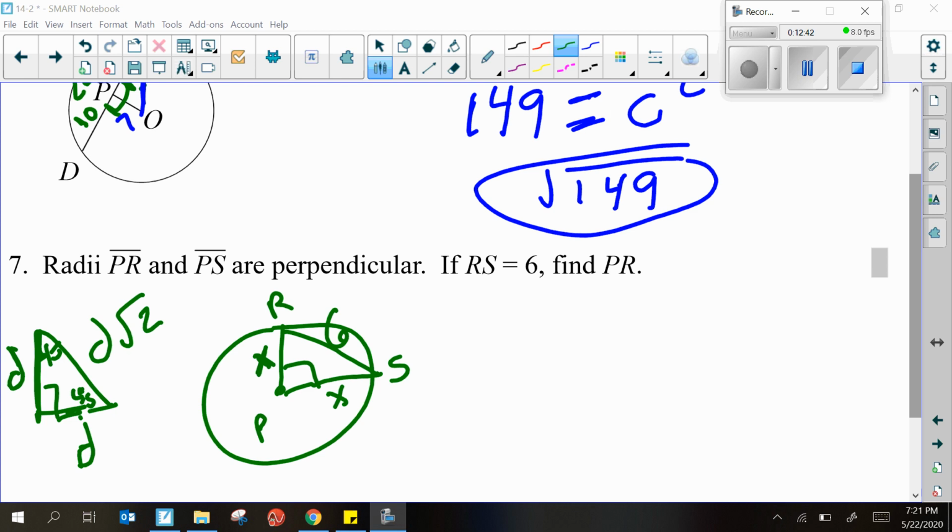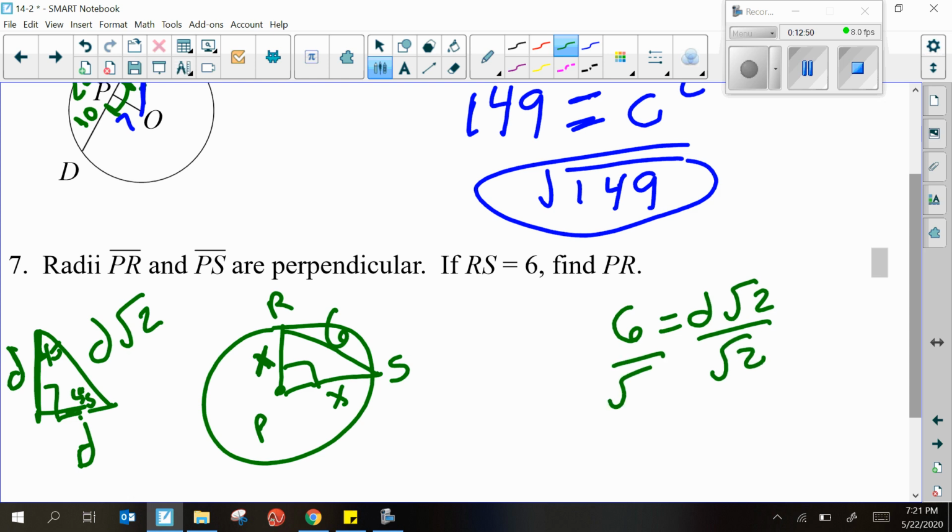So if you want to do it this way, you would say, okay, 6 equals D radical 2, divide by radical 2, because I have that isosceles right triangle. So D equals, and now I have to rationalize this. So I'm going to multiply by radical 2 over radical 2. So that's 6 radical 2 over 2, which is 3 radical 2 for X.